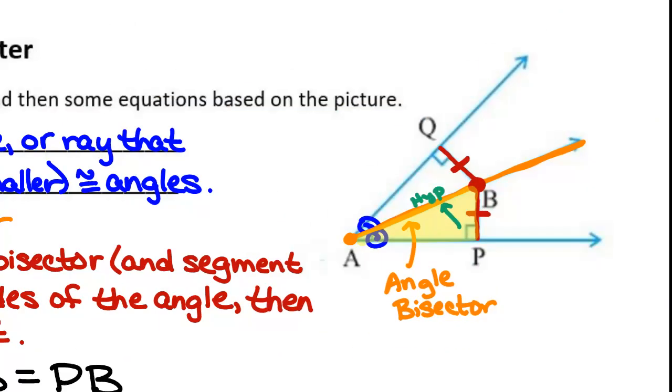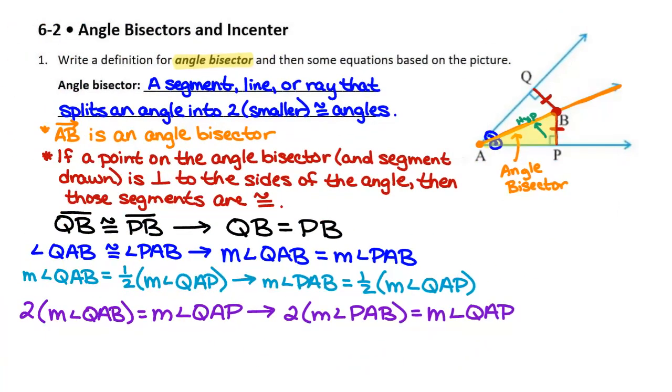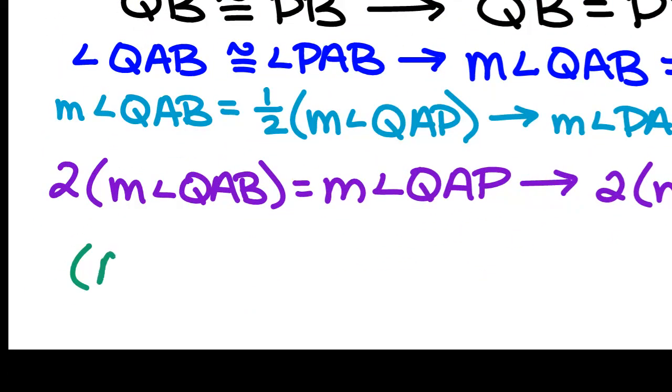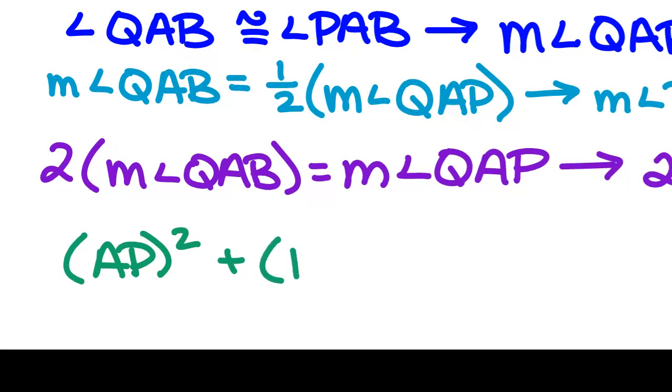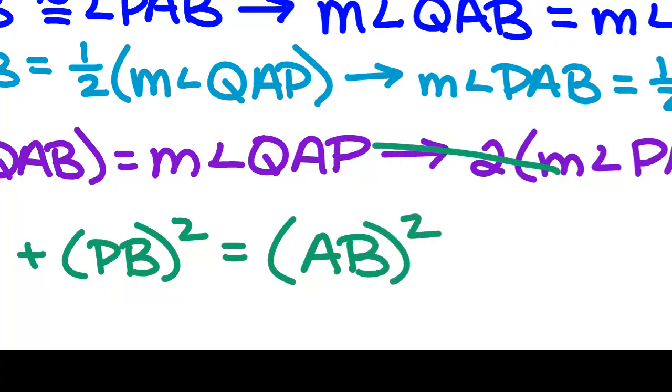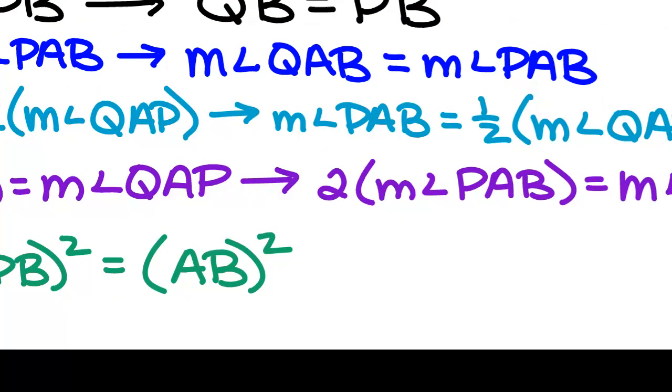So those other two sides would go in for a and for b in my a squared plus b squared equals c squared. So I could say AP squared plus PB squared equals AB squared. That's my Pythagorean theorem.